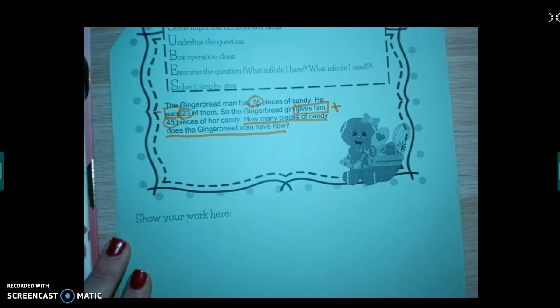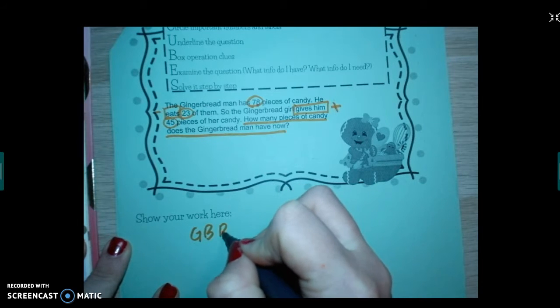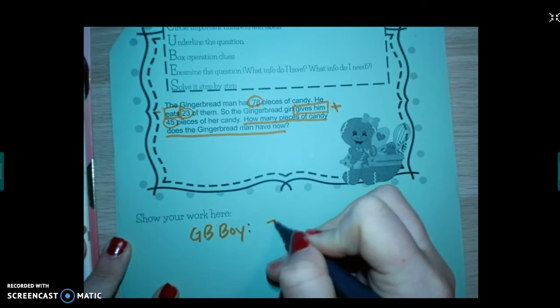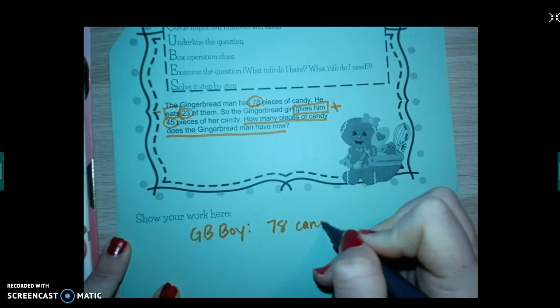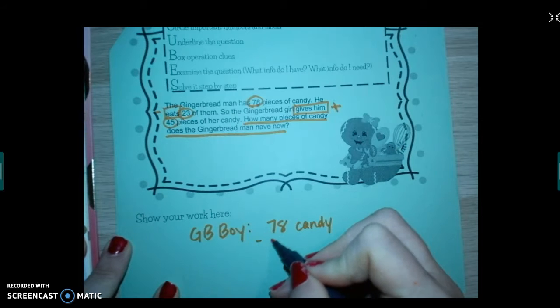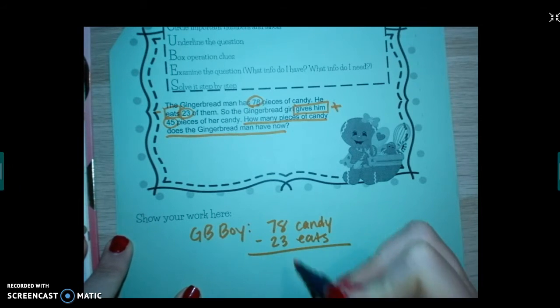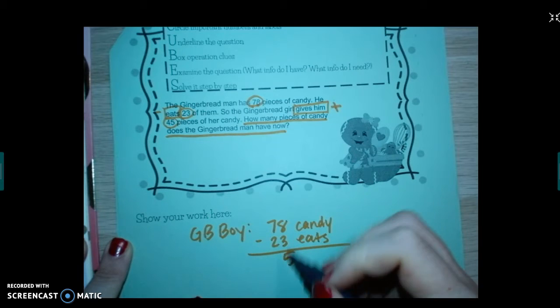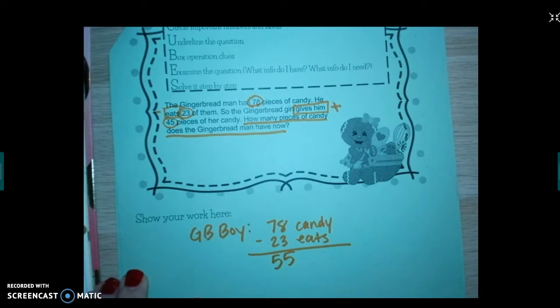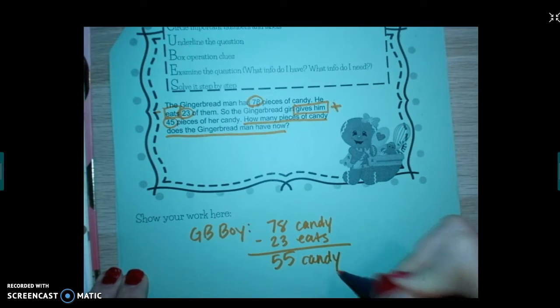Okay, we know that he has 78. He starts with 78 pieces of candy. Then he eats 23 of them. He eats. 8 minus 3 is 5. 7 minus 2 is 5. So now he has 55 pieces of candy.